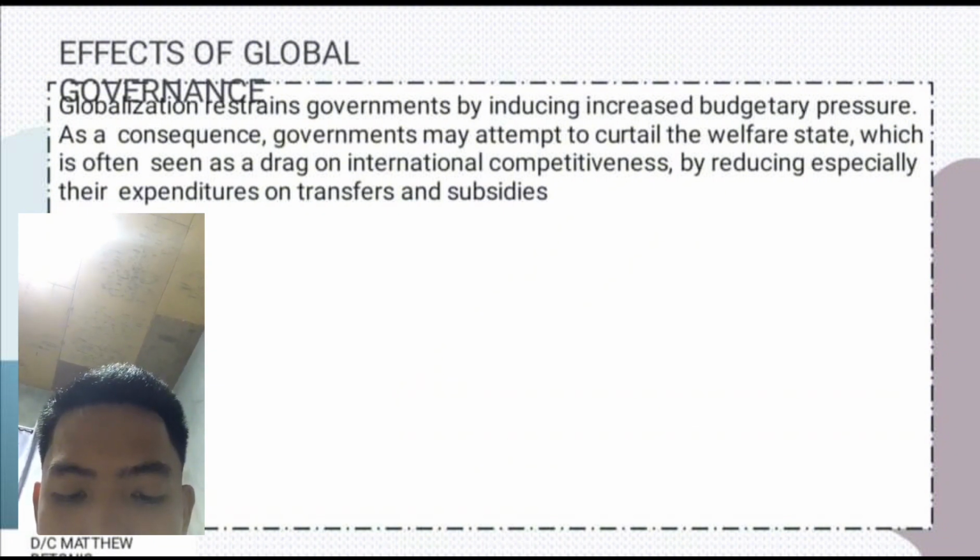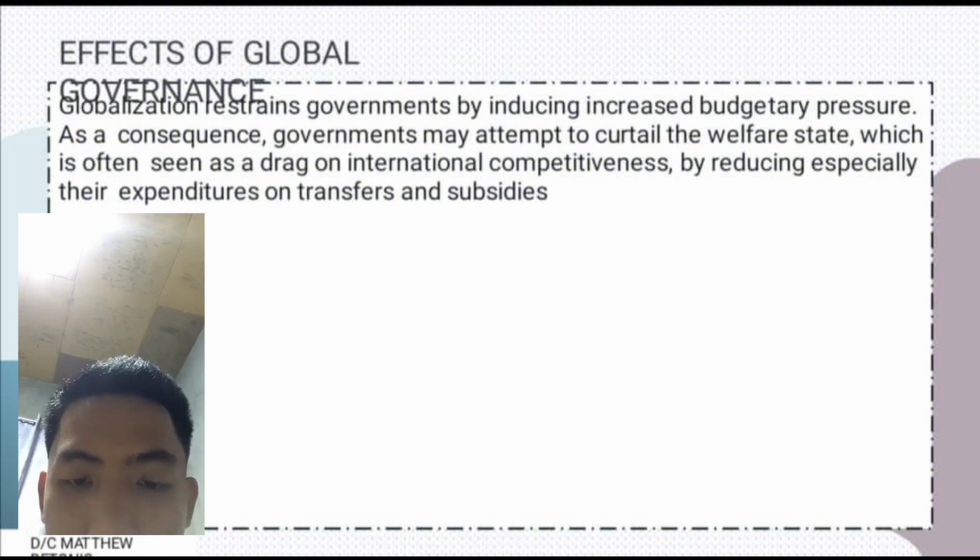Global governance can provide a rule of law at the international level, which can protect the weak from the strong and provide a stable basis for the development of international institutions.